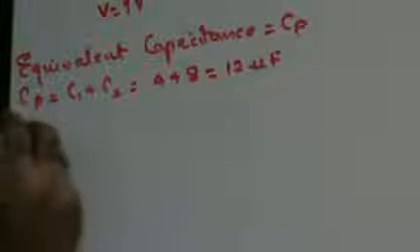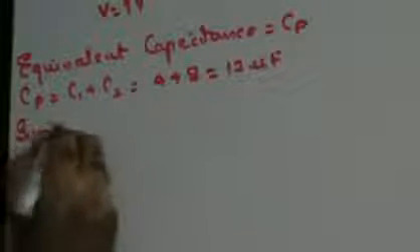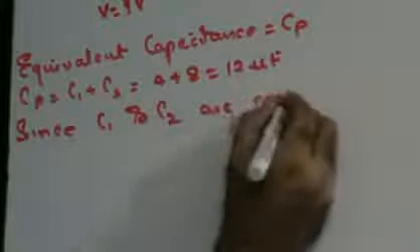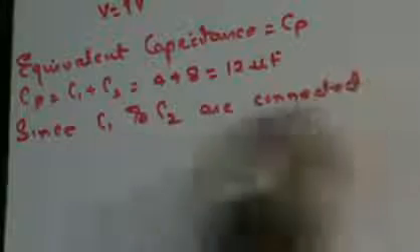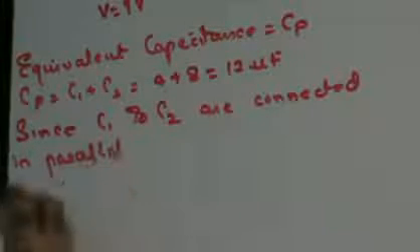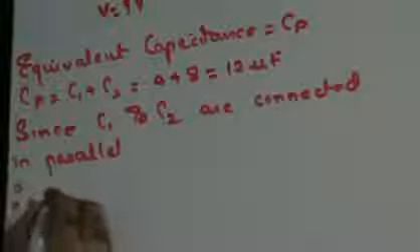Now since this is a parallel combination, since C1 and C2 are connected in parallel, we know that in a parallel circuit potential difference is constant.